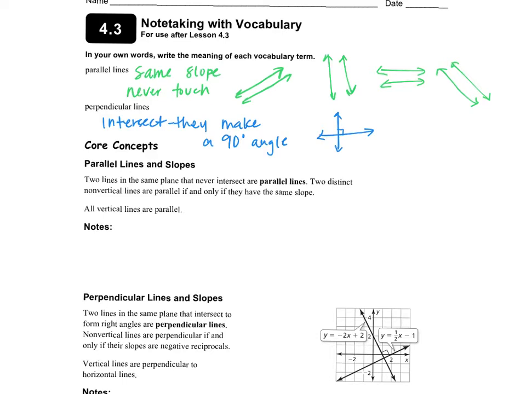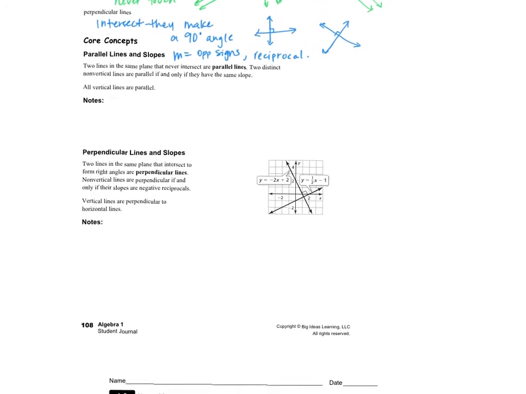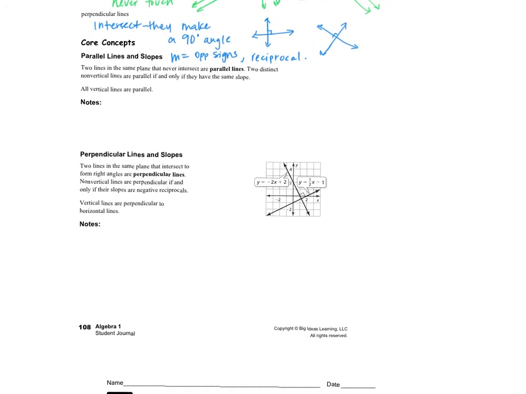If you had something like this, that creates a 90-degree angle. Okay, so remember that they have opposite signs for their slope and their reciprocals. They have two conditions, okay? So that just kind of reiterates what we just said.